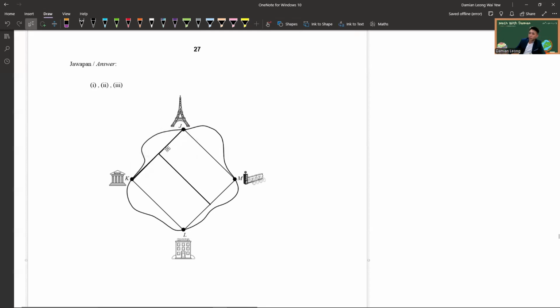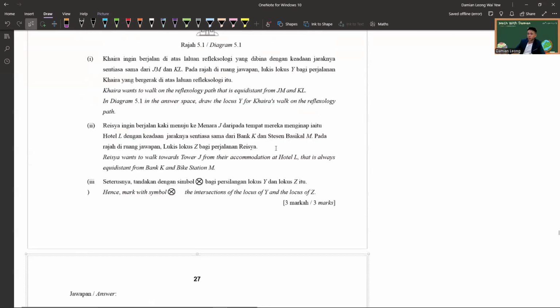So it's about there, around here. Okay, this is locus Y. Maybe I should put a different color. Okay, this is locus Y.